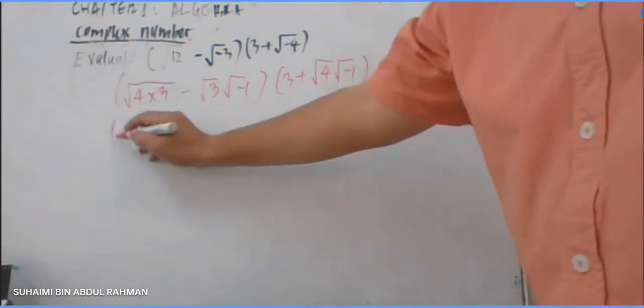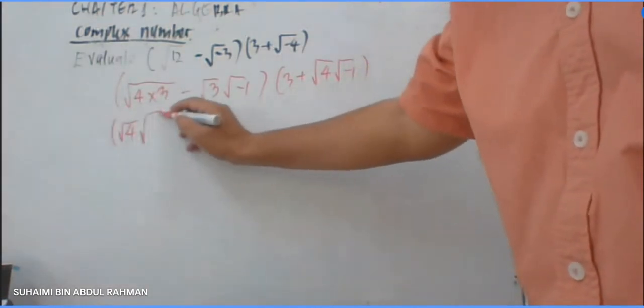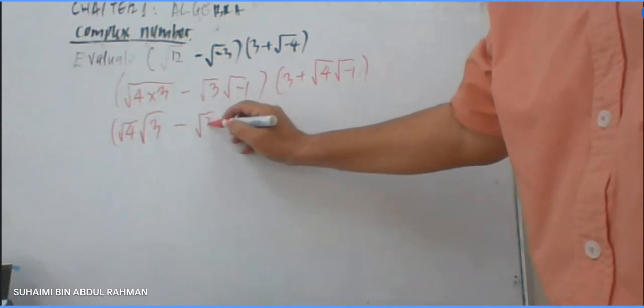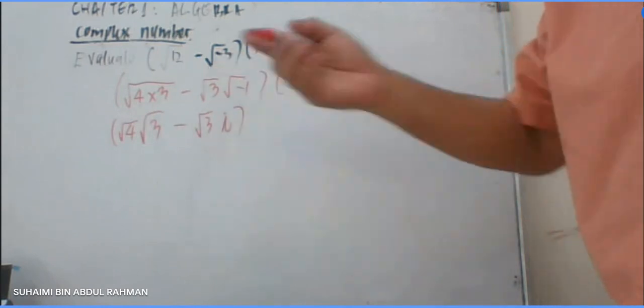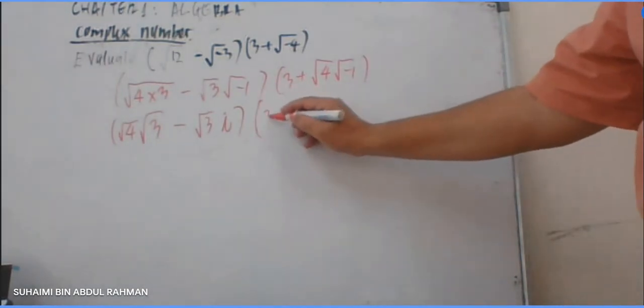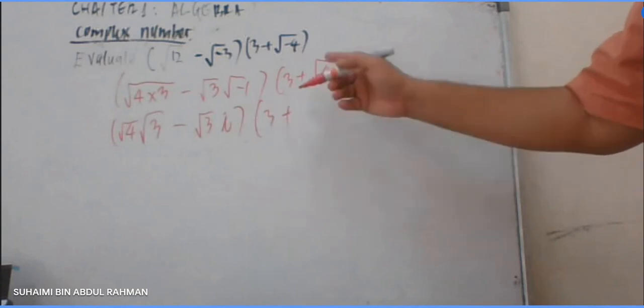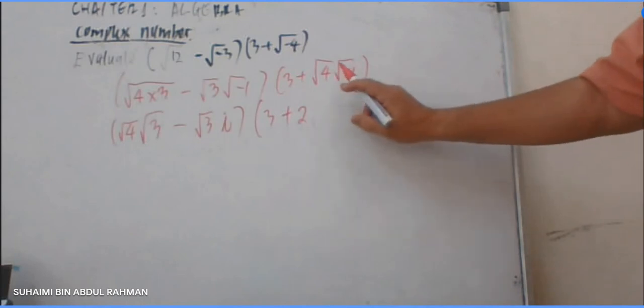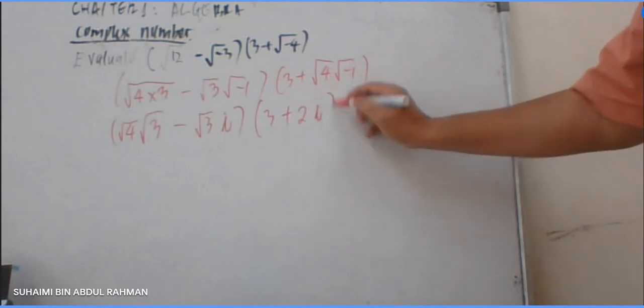So here it's square root of 4 times square root of 3 minus square root of 3i, square root of minus 1 we write as i, plus 3, square root of 4 is 2, 2 square root of minus 1, i.